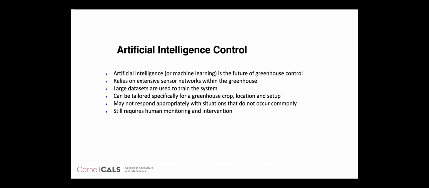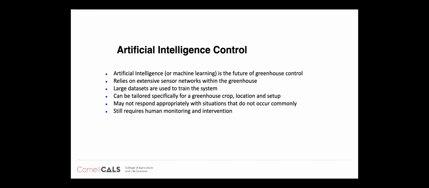They're trained on large data sets, and obviously the bigger the data set with the more conditions they can have, the better it's going to be. The advantage of artificial intelligence is that it can be really tailored for your specific crop, location and setup, much more so than some of the other algorithms that we've developed can be.